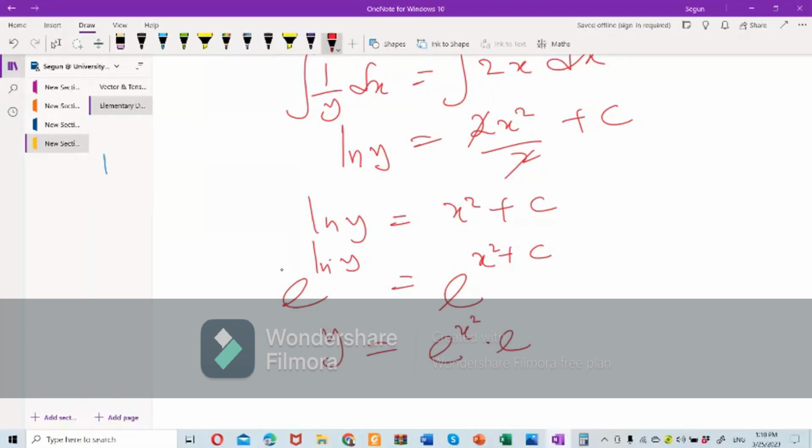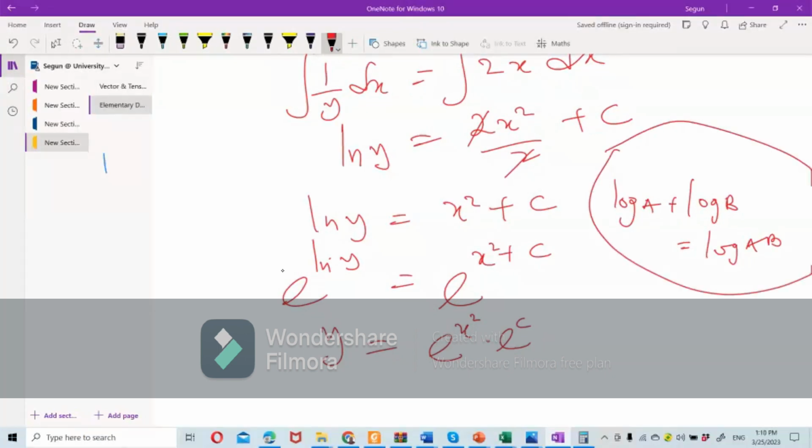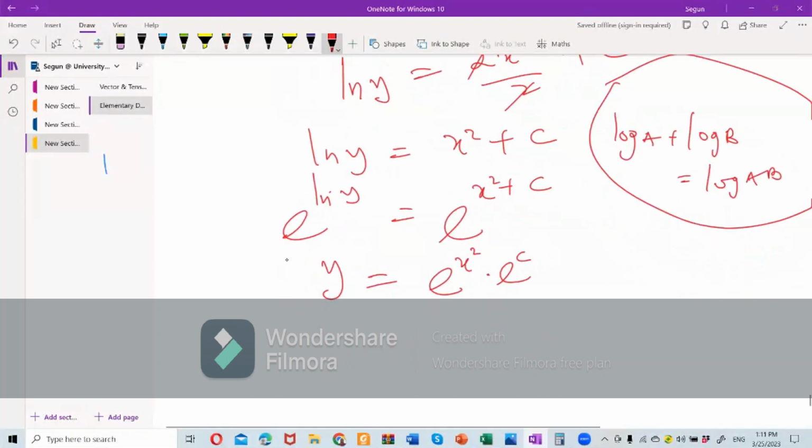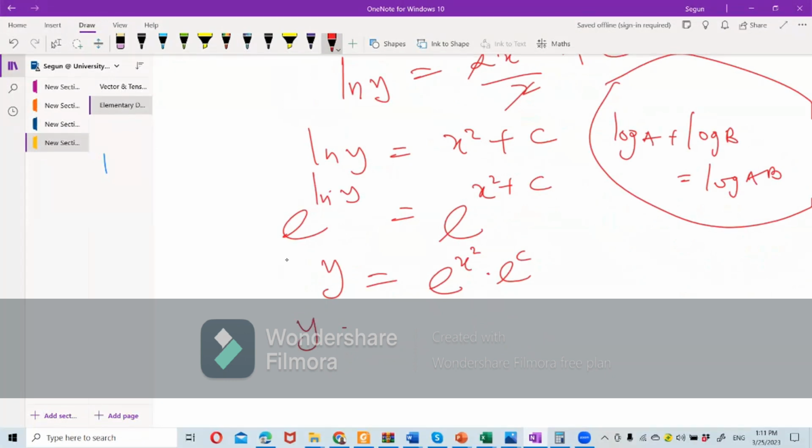Because when you have log a plus log b, it is the same as log ab, right? Do you agree with me? Yes, sir. So we use this principle here, and anything with exponential c, constant, is still constant. y equals c exponential x squared.